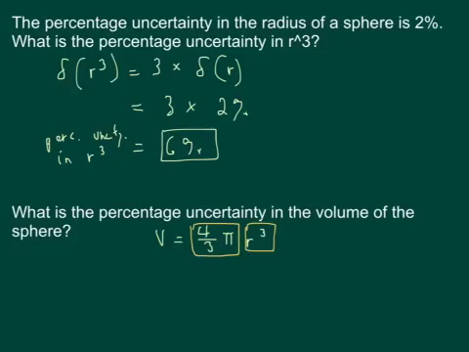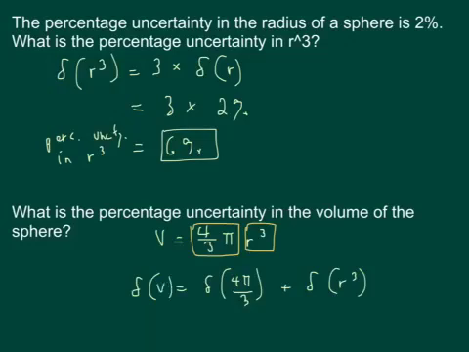So whenever you multiply two things, you add together the percent uncertainties to get the percent uncertainty in the new quantity.